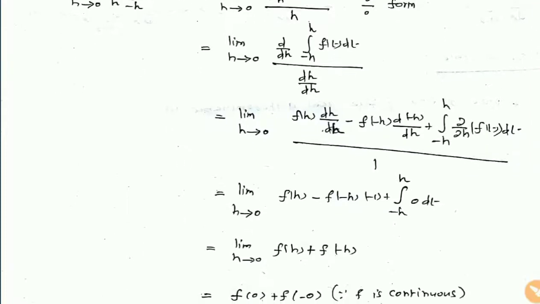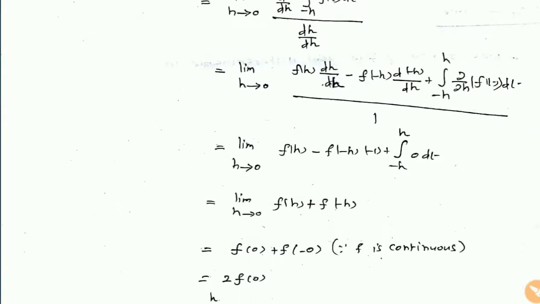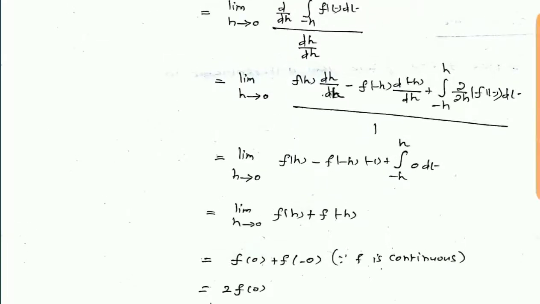From this, the first quantity is f(h), and dh/dh, the derivative of h with respect to h, is 1. Then f(-h) times the derivative of -h with respect to h, which is -1. Next, plus the integral from -h to h.